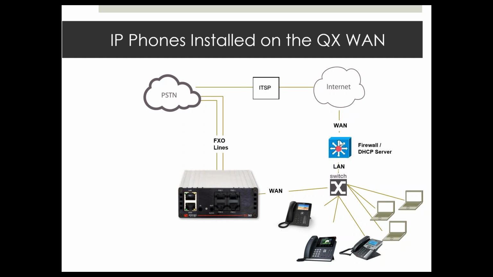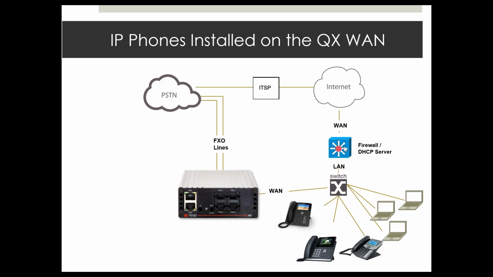The firewall has an external port that goes out to the internet through the broadband connection. And that allows the system to get outside access to the internet, to update the time, to configure SIP trunks, things like that, voicemail. So it can have external outside access to the internet.